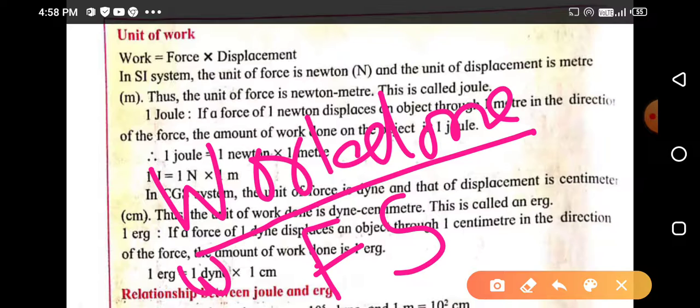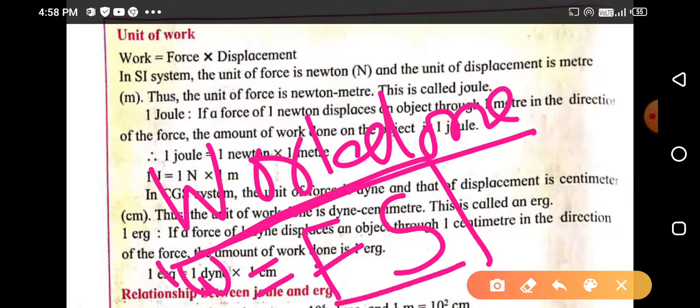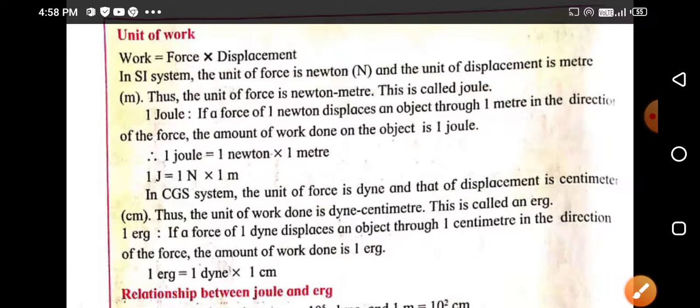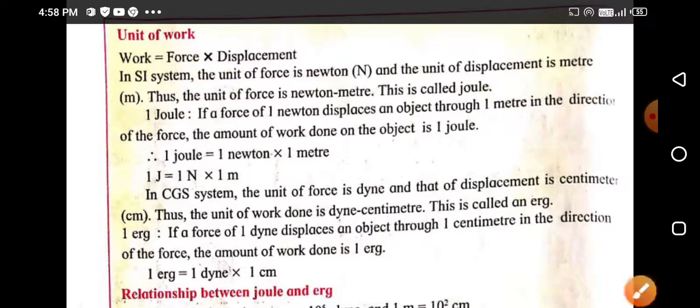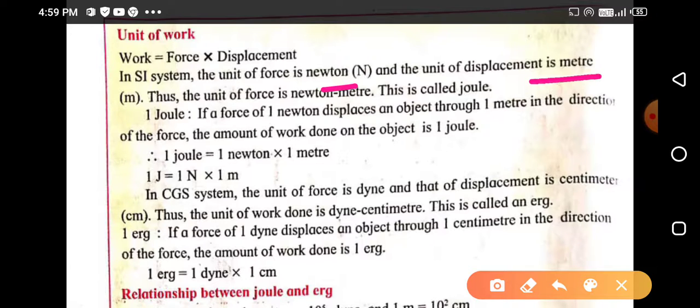And for calculating work done, we have the formula W is equal to F into S. Now students, we are studying here the unit of work. What is the unit of work? Work is equal to force into displacement. In the SI system, the unit of force is Newton and the unit of displacement is meter.